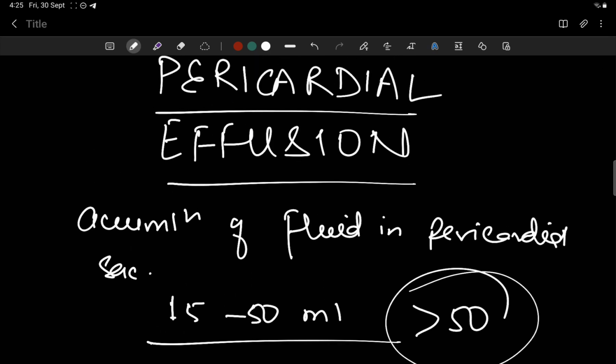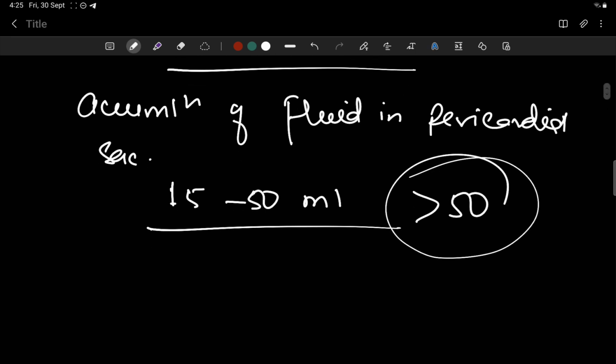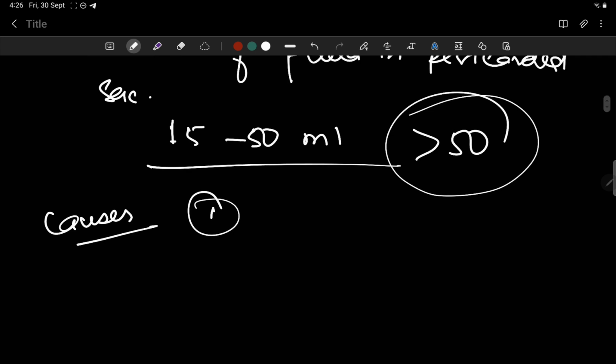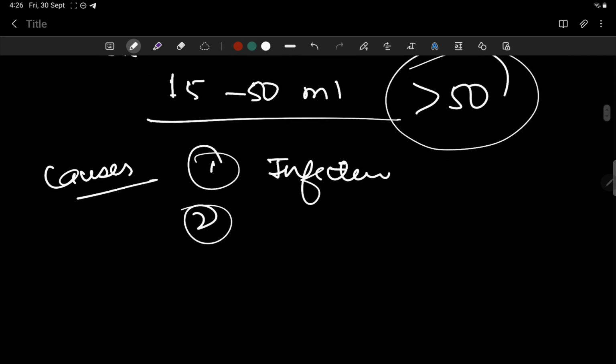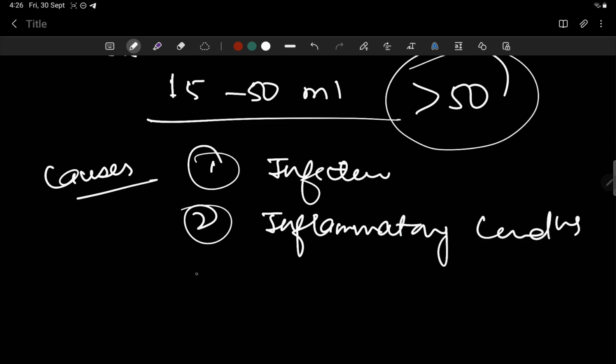So, summarizing what pericardial effusion is, I have stated. What are the causes? If I summarize the causes, first cause is simple, that you have any infection by bacteria, fungi, virus, or any other, or any inflammatory conditions happening in the body.